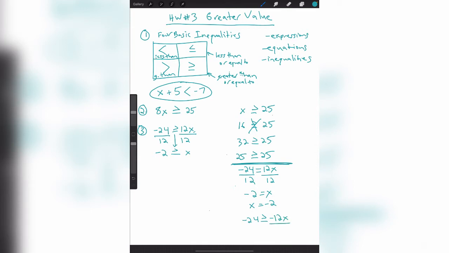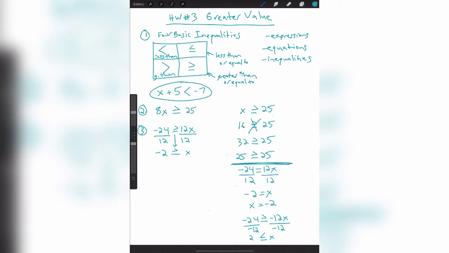If I am ever dividing by a negative number, you see how this is a negative number right here? I have to flip the sign. I have to flip this sign right here in the answer. So I would just flip it in the opposite direction, right? I'd make sure to flip the sign the opposite way.